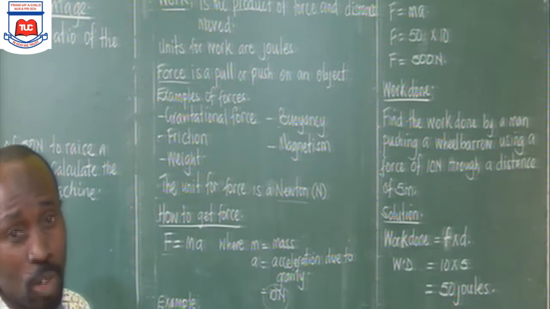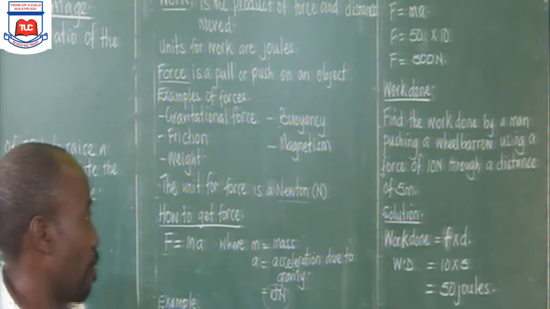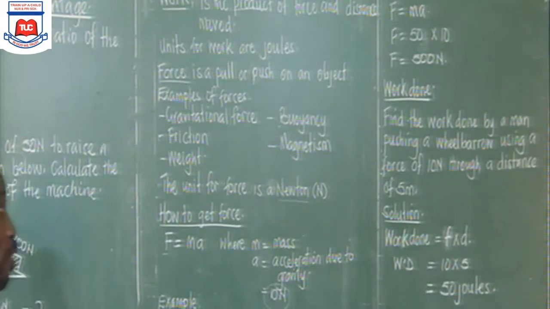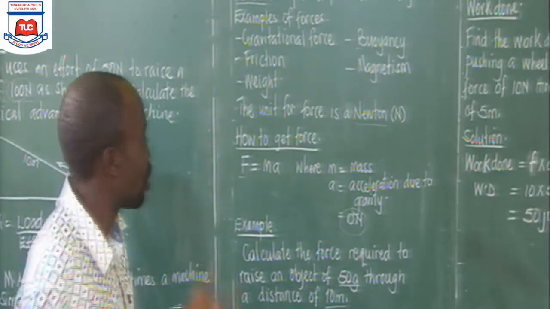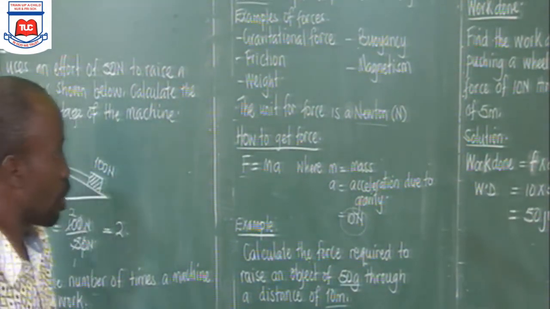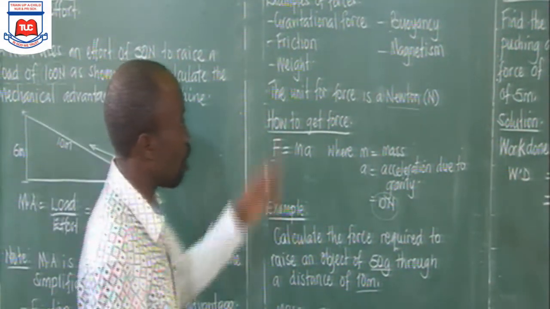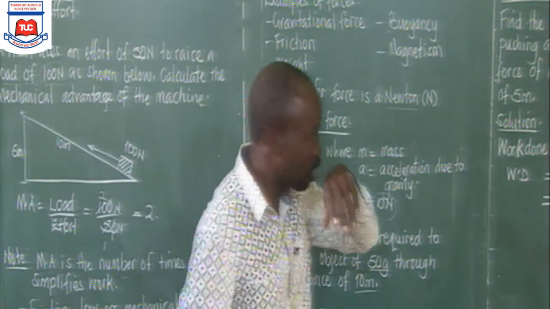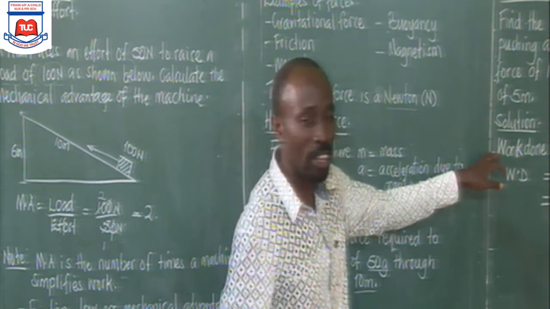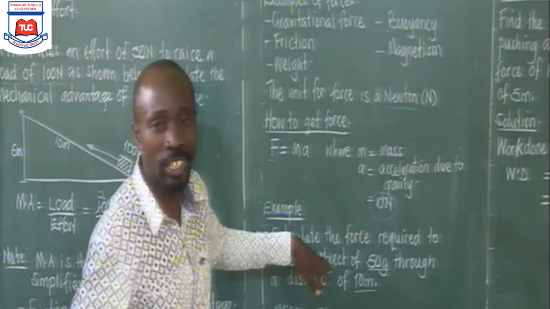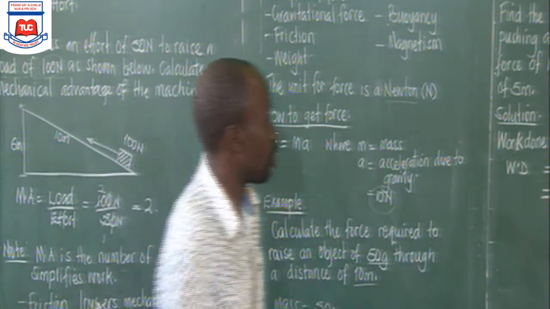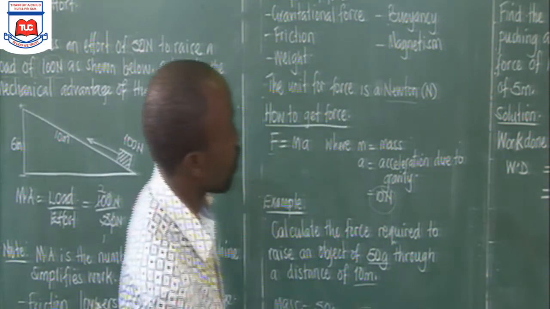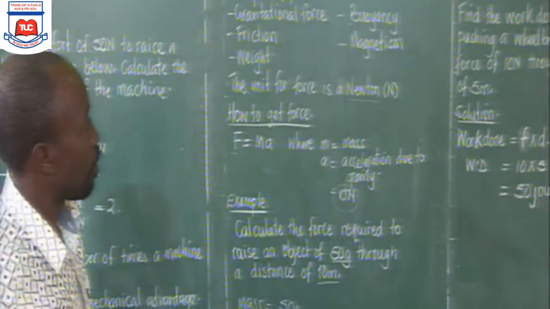Don't forget the units, because if you don't put units, no one will mark that, because the examiner wants to know whether you're talking of goats, when you're talking of sheep, or whatever. Okay? So we shall do more examples on that, but let us concentrate now on work done. We shall come back and use this very example to find out the work done.